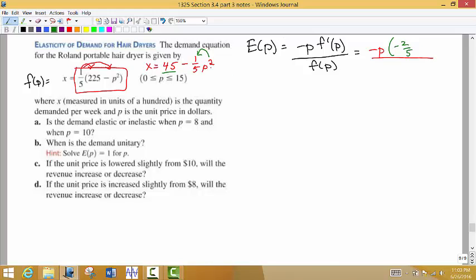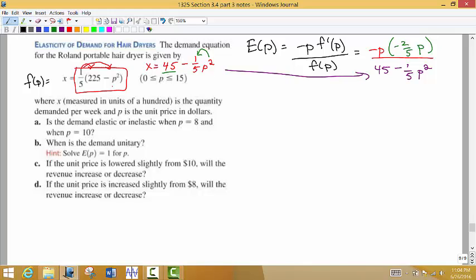And then lower my exponent by 1, so I just get p to the power of 1, or just p. And then I'm just going to write down f of p again at the bottom, which is just 45. Just going to copy it right down here. 45 and then minus 1/5 p squared. Okay, so there's our elasticity of demand function.